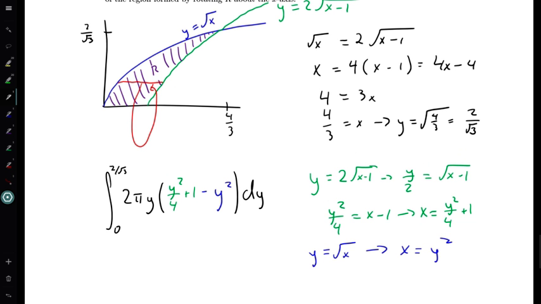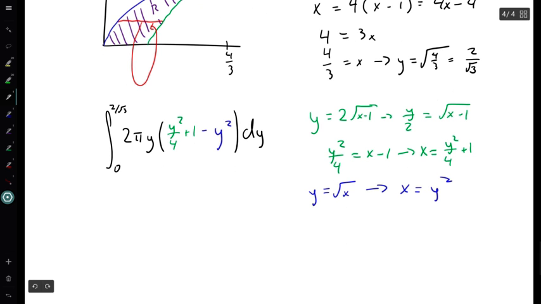All right, so we've done a little bit of work here. We've set up this integral, and now all we need to do is compute. So we want to factor out that 2 pi as usual. Integrate from 0 still to 2 over root 3. Distributing in the y is going to give me y cubed over 4 plus y minus y cubed dy.